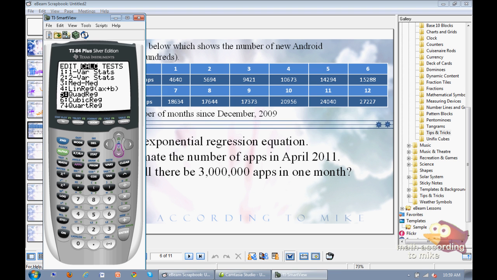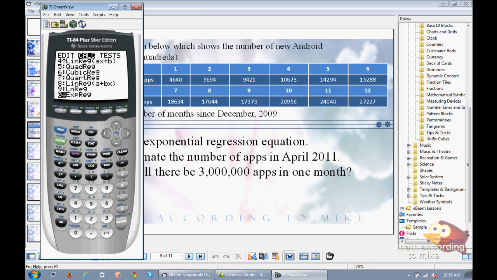And you're going to look for EXP-reg. And basically hit enter twice. Depending on the data, it may take a little while to compute. This one was quite nice.